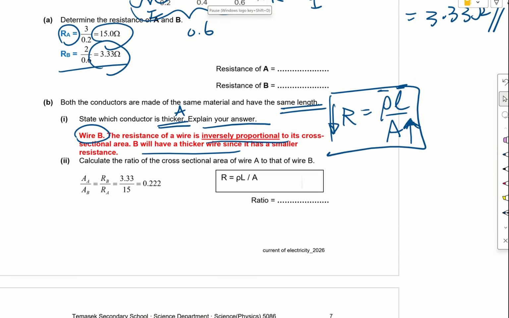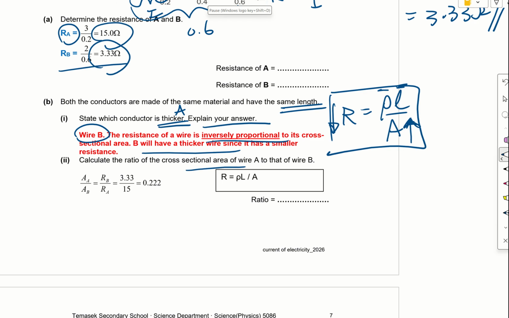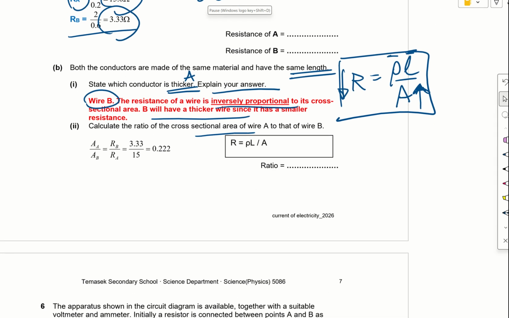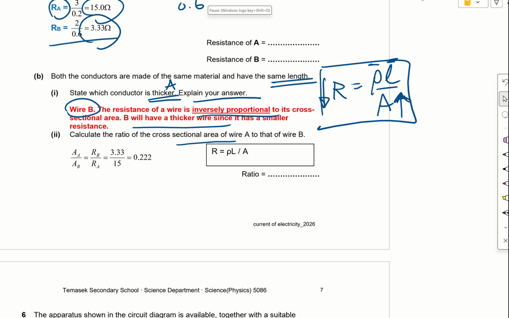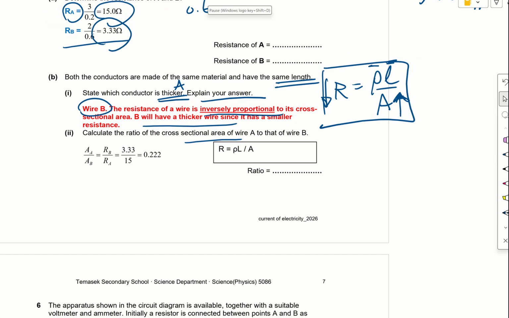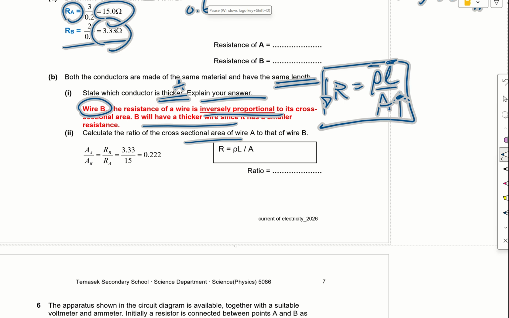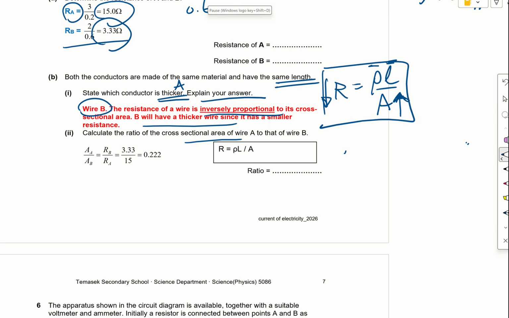Now calculate the ratio of the cross-sectional area of wire A to that of wire B. Okay, so again, this is the two cases solution. So they want us to find the ratio of A to that of B. Okay, so it is AA over AB.